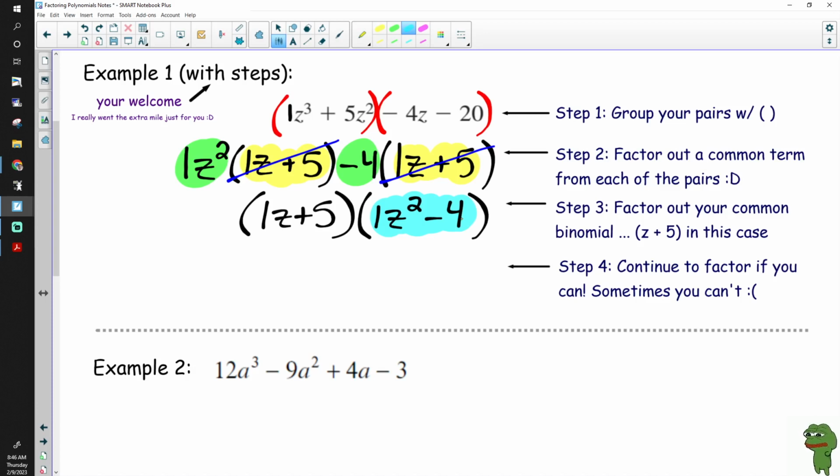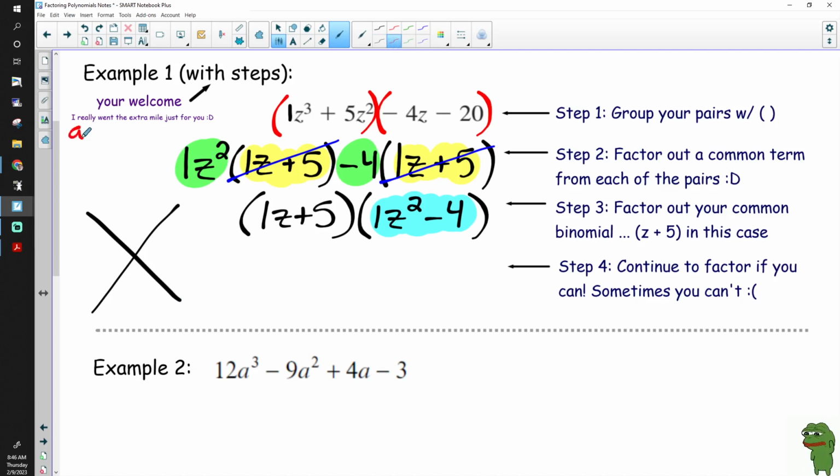Anytime there's a squared, it's called a quadratic. And what method can you use to factor quadratics? The x method. But what's weird about this one? There's nothing in between. Just because we can't see the middle term, does that mean it's not there? What is the middle term? It's 0. So we're going to do the x method to finish off this problem.